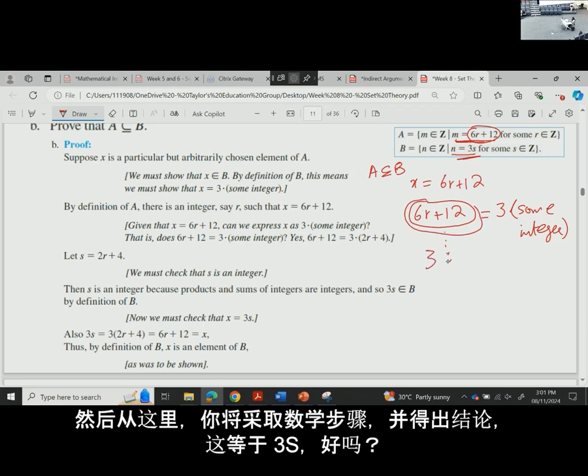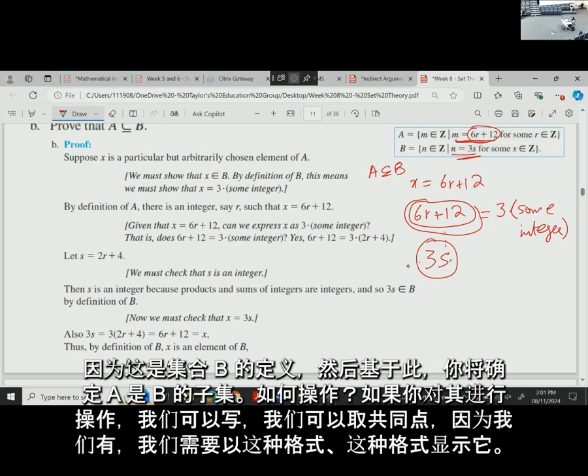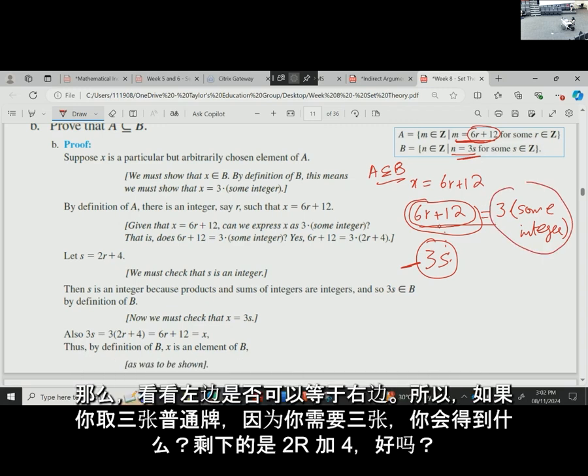Okay, because this is the definition of set B, and then based on that you will establish that A is a subset of B. How? If you manipulate it, we can take a common factor, because we need to show it in this format. So see, on the left hand side you can make it equal to the right hand side.